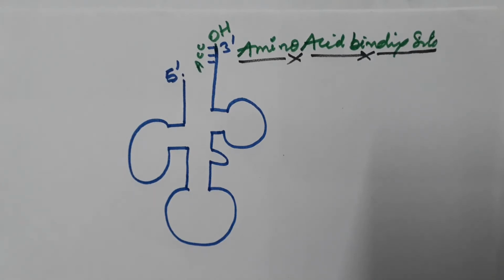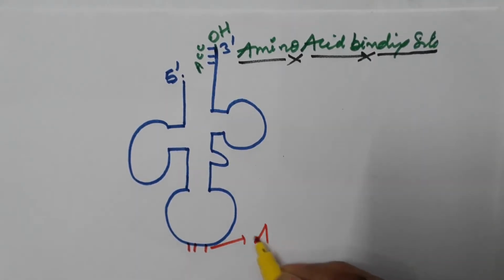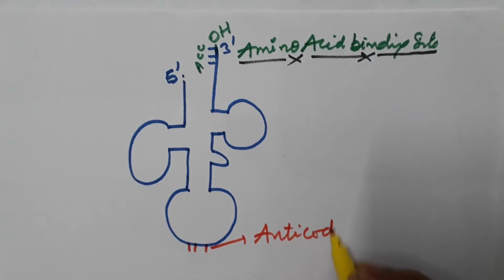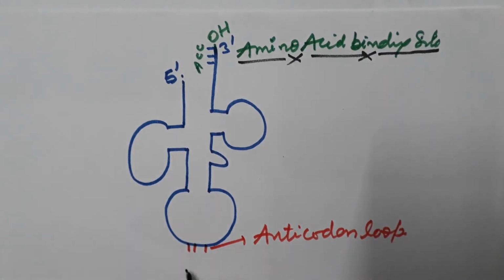The lowermost loop is known as the anticodon loop. Why is it known as the anticodon loop? Suppose this is the messenger RNA.